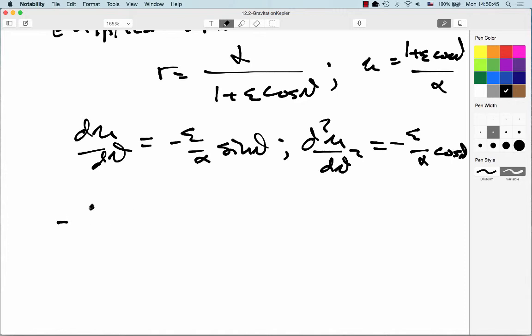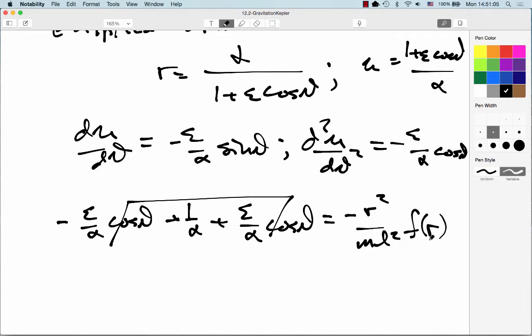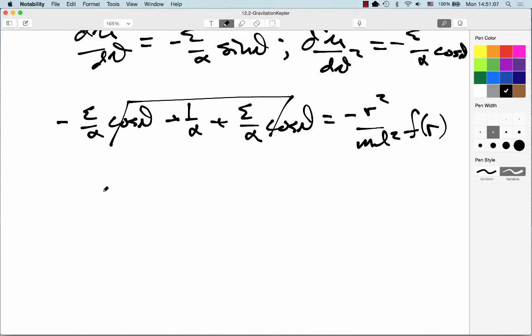We'll have minus epsilon over alpha cos theta from the second derivative plus 1 over alpha plus epsilon over alpha cos theta. Oh, hey, those cancel. That's nice. Equals, and I'll leave it in terms of r on the other side, minus r squared over m L squared times f of r. So we get that f of r is equal to minus m L squared over alpha r squared.